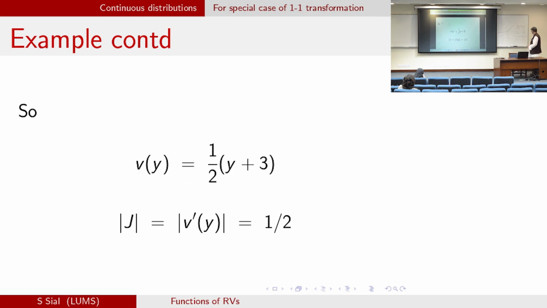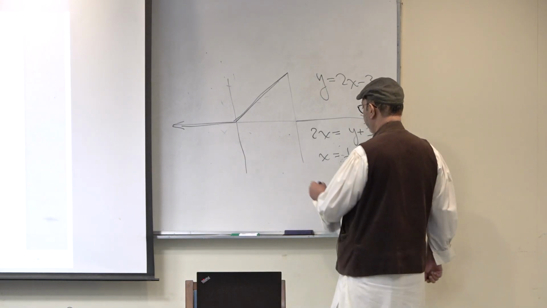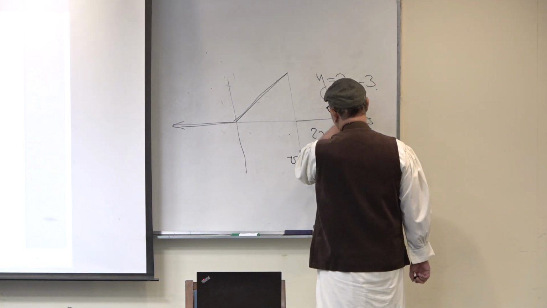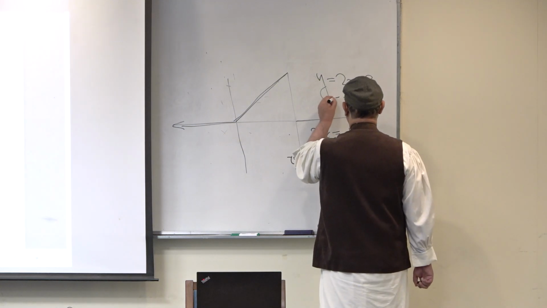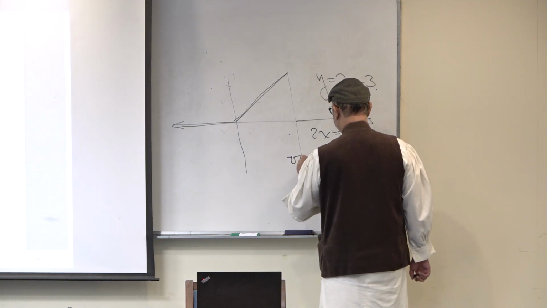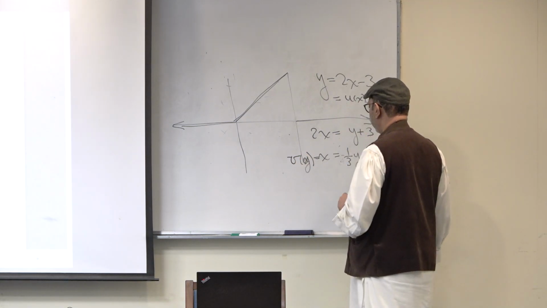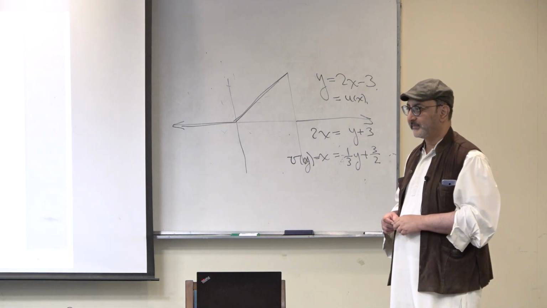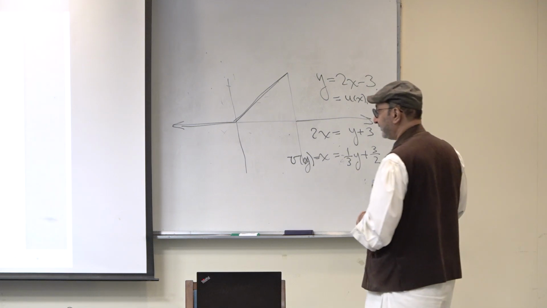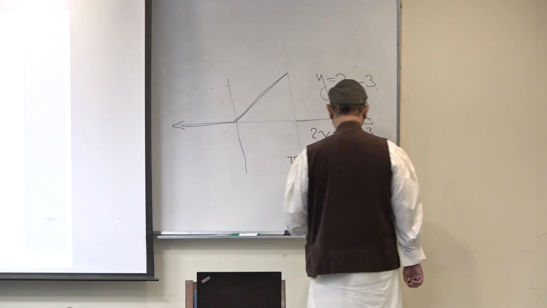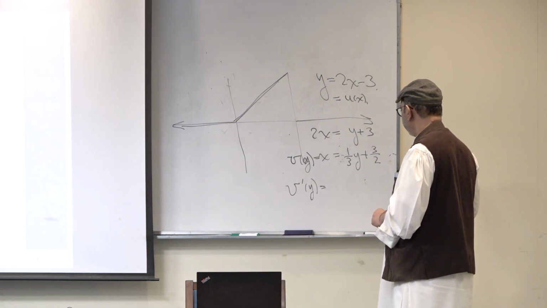If I call the forward transformation u, then the inverse transformation is v of Y, and that gives me X. Now, what's the derivative of this inverse transformation?